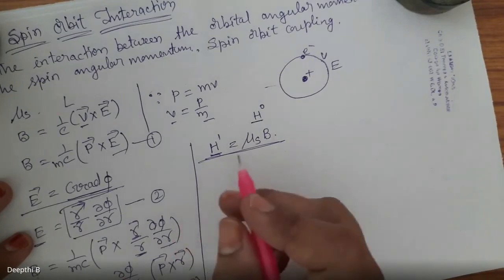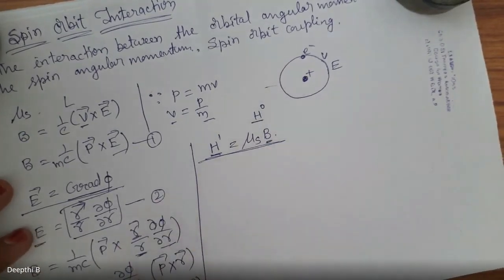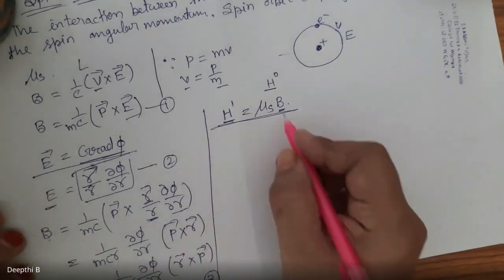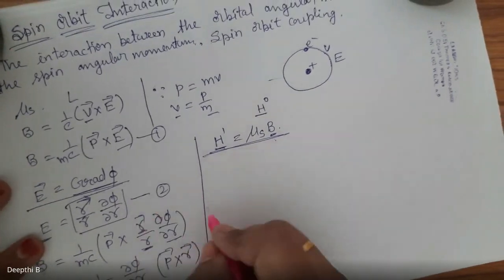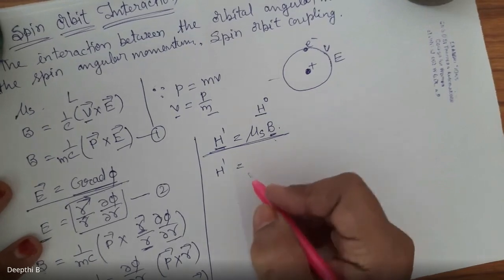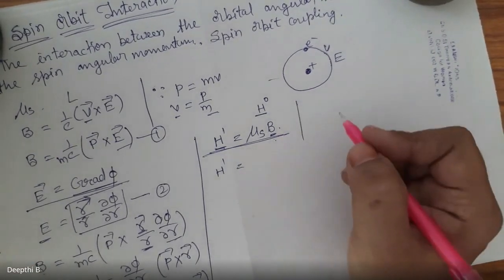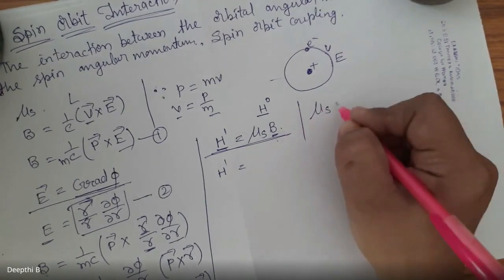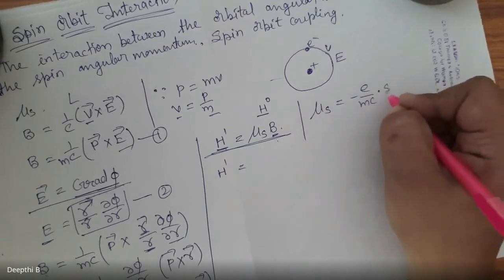Okay. So now what we will do, we have just calculated B, and we put that value in this equation. So what is our H prime? One thing I forgot to tell you is that the mu s value is minus E by mc into s.